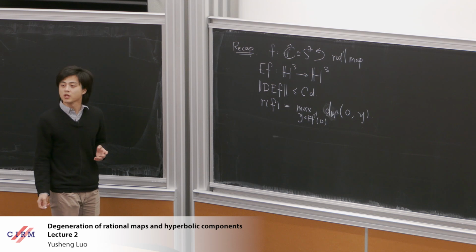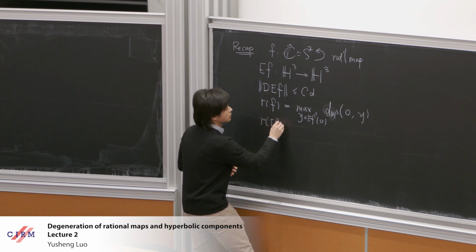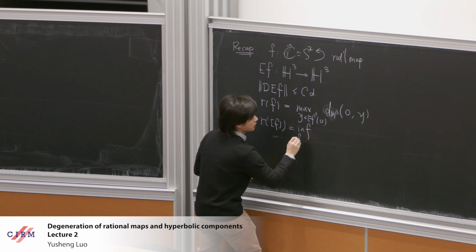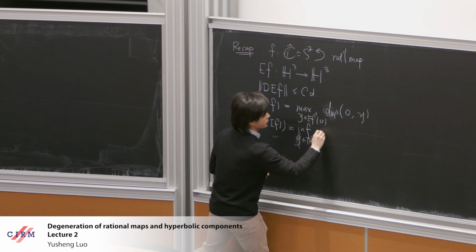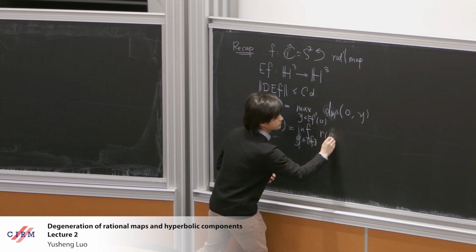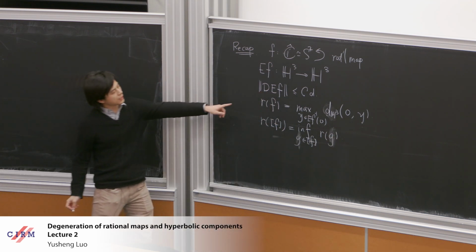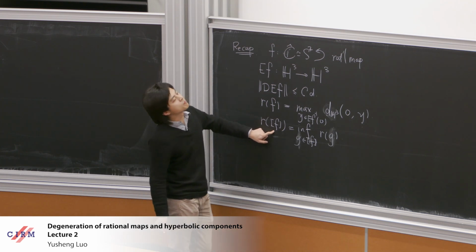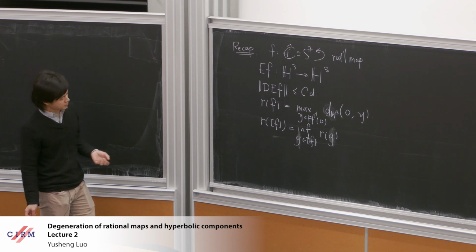Right, and then we have a similar definition for the conjugacy class, the infimum over all possible elements in the conjugacy class of L of F, L of G. All right, and then one of the nice properties is that this R_F is a proper function on the moduli space of rational maps of degree d.